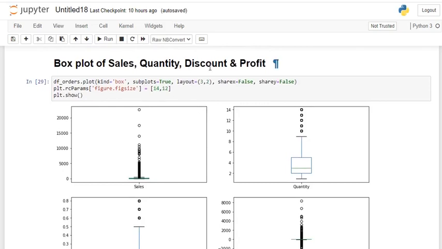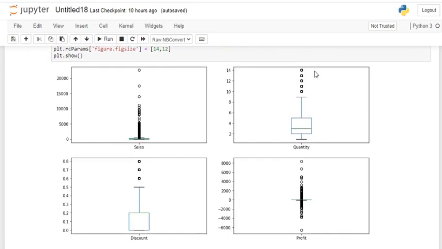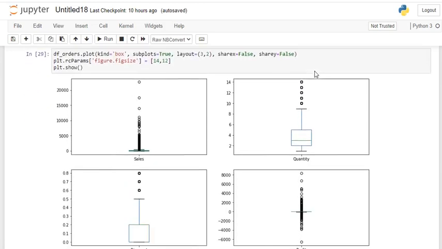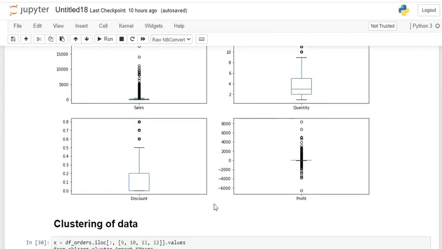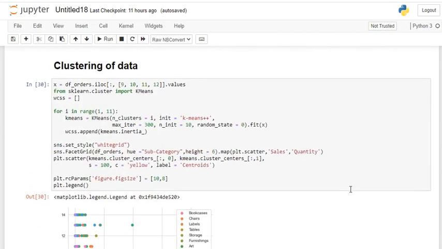Box plot of the sales, quantity, discount, and profit, because these four are the numerical columns in the data set. And how the sales, quantity, discount, and profit look.